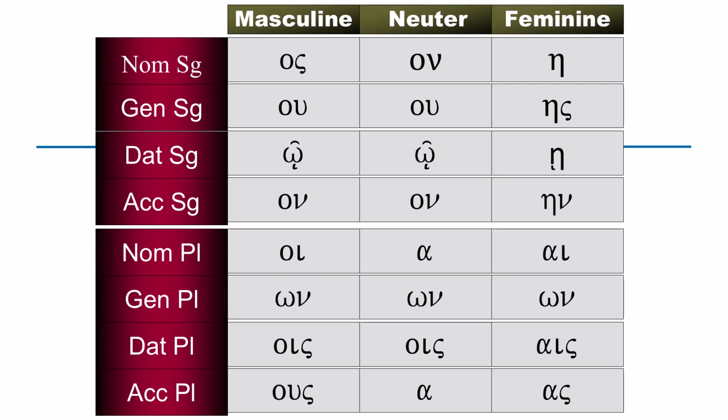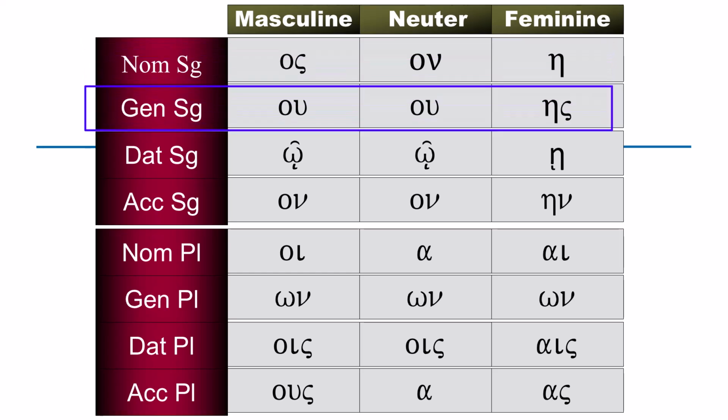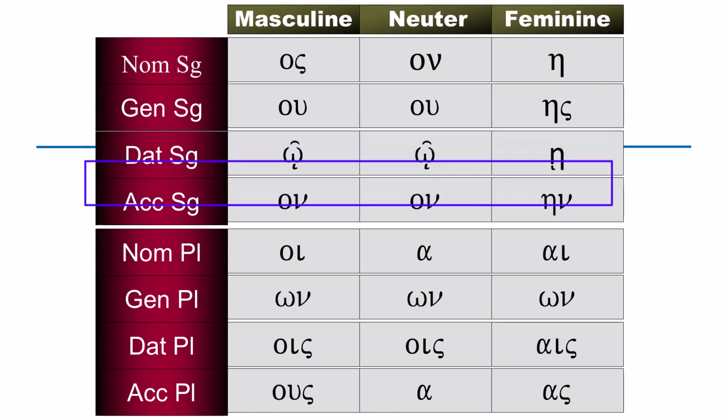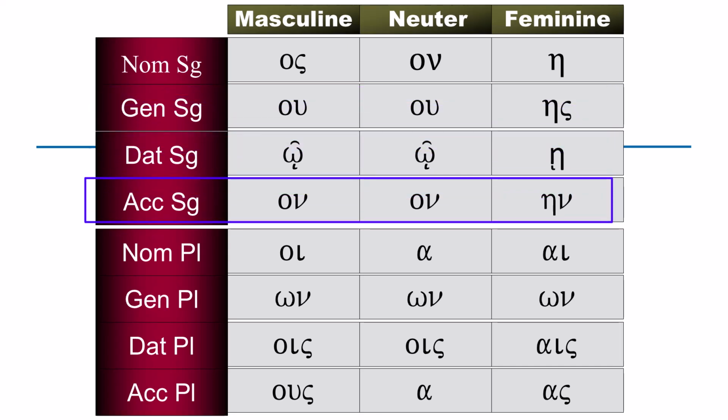But what is important here is to notice that masculine gender has its own endings, and the neuter gender has its own endings, and feminine gender has its own endings. And also that the cases themselves have their own endings. For example, there are endings for the nominative, there are endings for the genitive singular, there are endings for the dative singular, there are endings for the accusative singular, there are endings for the plural.